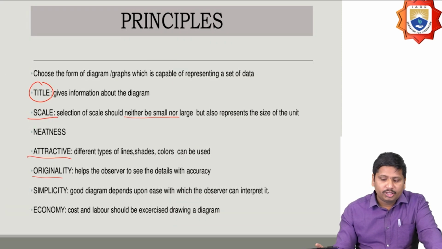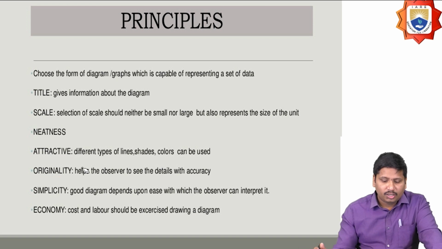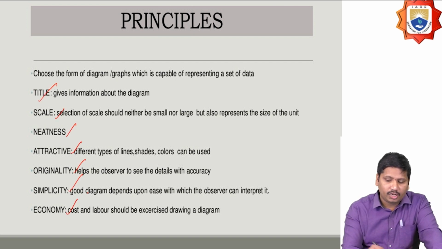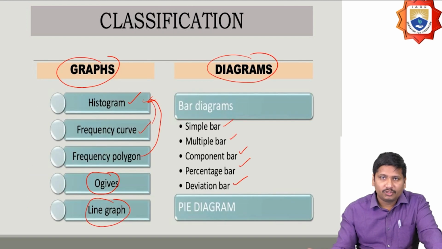Coming to the principles, while drawing the graph, we have to concentrate on what things we have to follow. First we have to follow the title, scale, neatness, attractiveness, originality, simplicity, and economy. These are the principles we have to follow while drawing graphs.